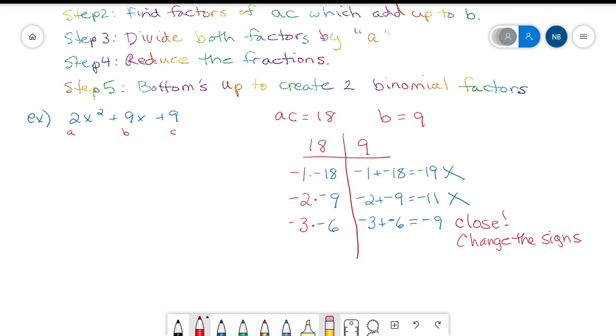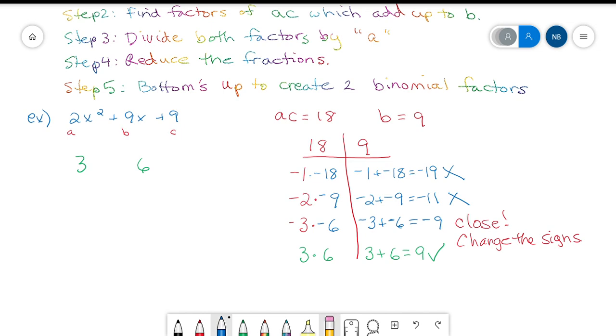So we're going to change negative 3 to positive 3. Let's use green. And we're going to change negative 6 to positive 6. Then we're going to verify that 3 plus 6 is positive 9, and we found the two factors we needed. So I'm going to write those two factors over here, and I'm going to put a little bit of space between them. The next step is very strange, but it is part of the magic.